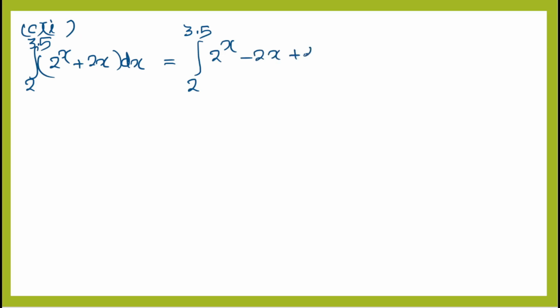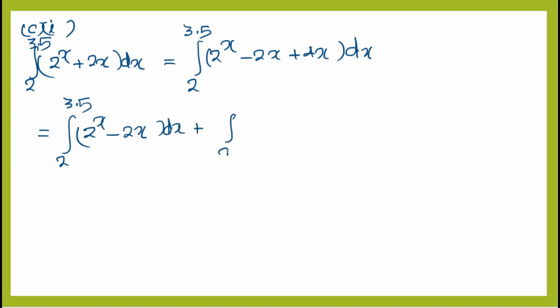Here we have to find the value of integral from 2 to 3.5 of 2 to the power x plus 2x dx using the result of part B, that equals integral from 2 to 3.5 of 2 to the power x minus 2x plus 4x dx, that equals integral from 2 to 3.5 of 2 to the power x minus 2x dx plus integral from 2 to 3.5 of 4x dx.